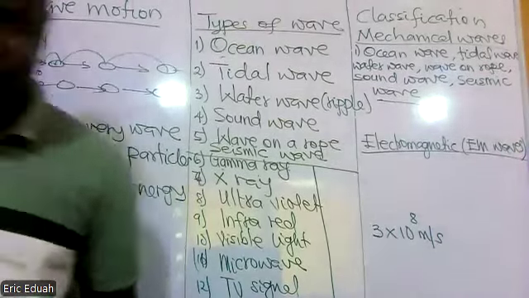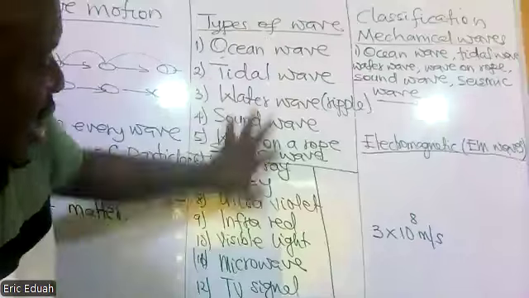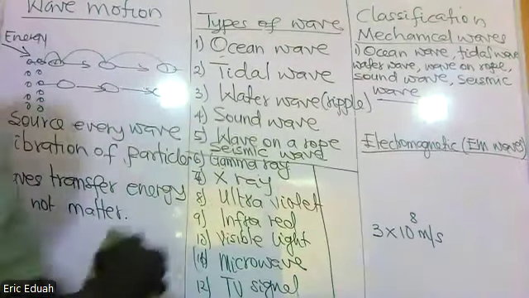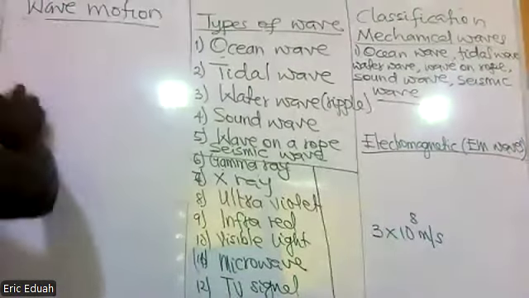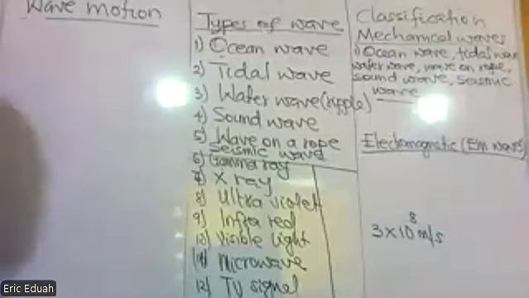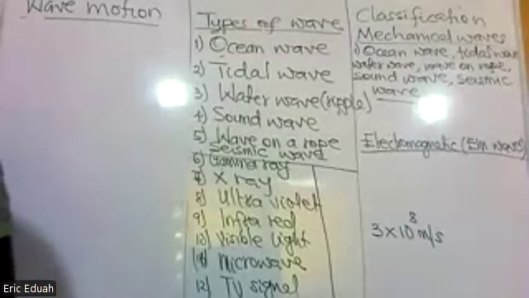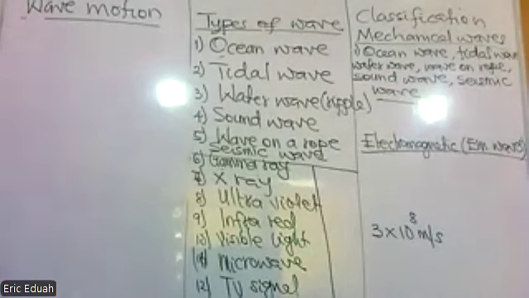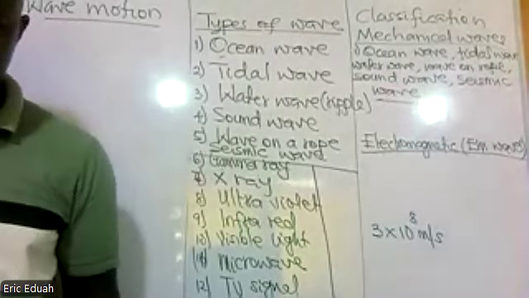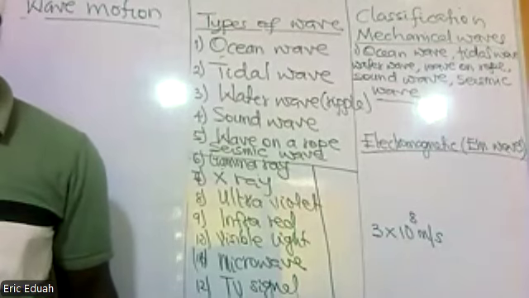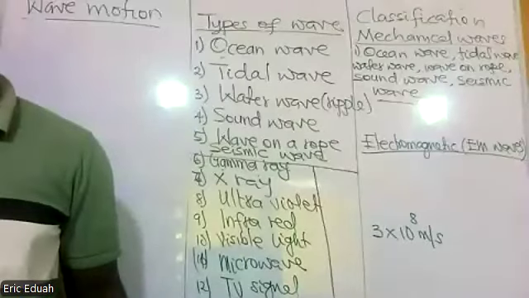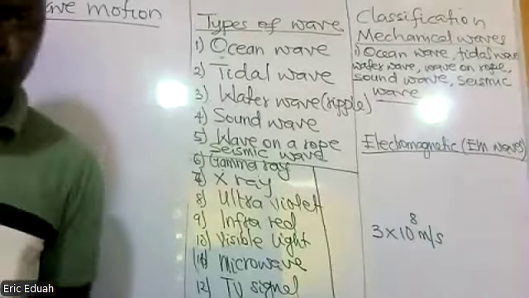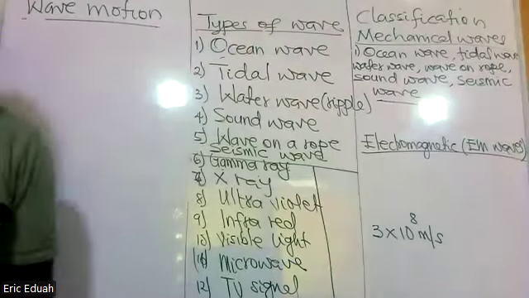There is another classification of the same list, and that classification is: waves can be classified as transverse and longitudinal. So let's look at what goes into this classification.